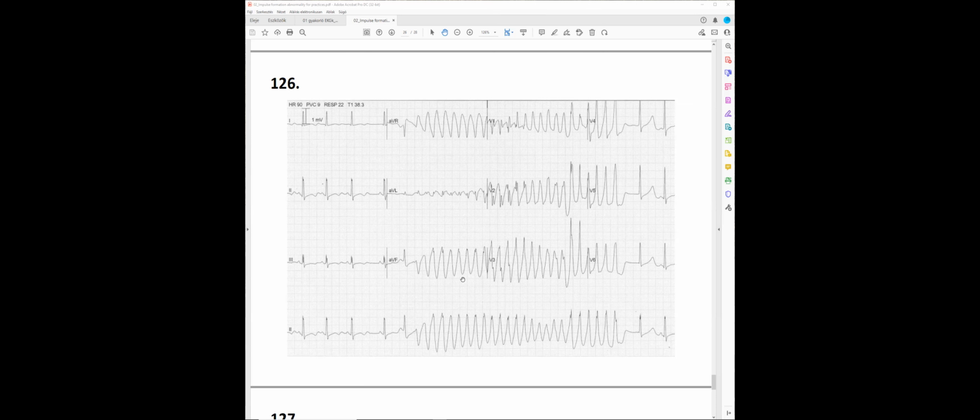This is the torsade de pointes tachycardia, the last one that I discussed with you. That looks like a ventricular rhythm, but the amplitude is not the same, it's changing. And this is why we said that's torsade de pointes tachycardia.